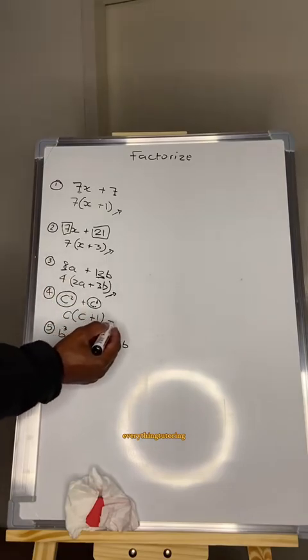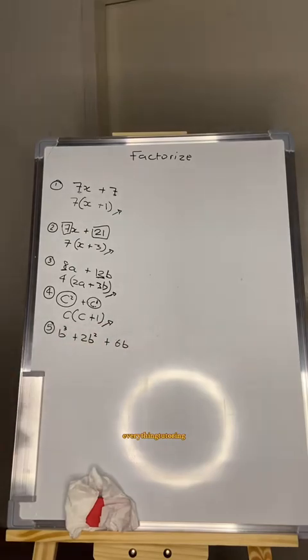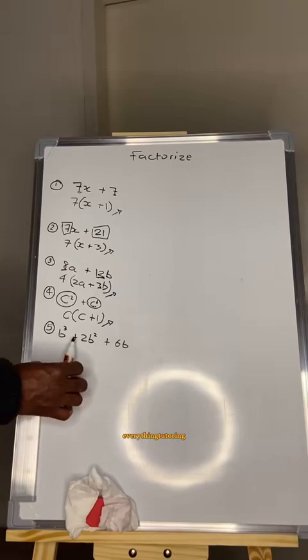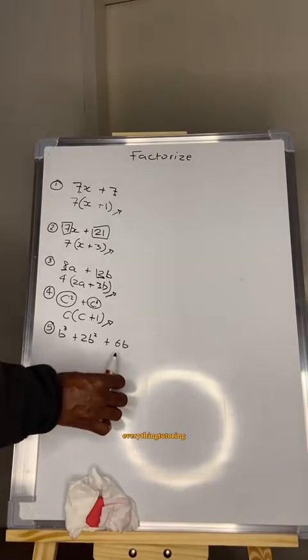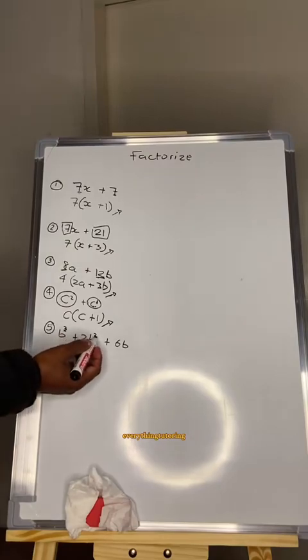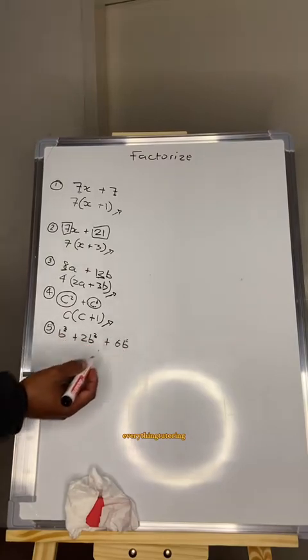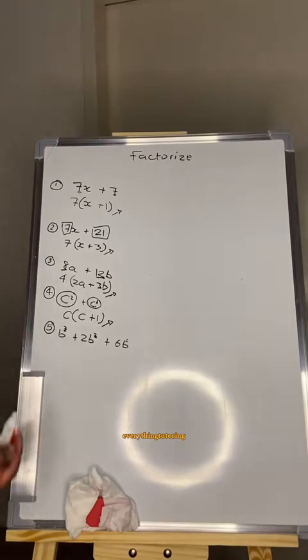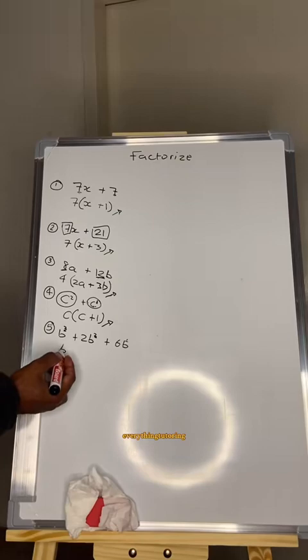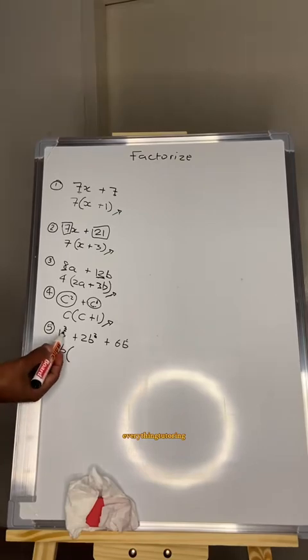Okay, right. Another one, guys, is when you again have multiple variables as the common factor, but they have got powers: power 3, power 2, power 1. You take out as a common factor the variable with the lowest exponent, which is b to the power 1. Now you had 3 b's, b times b times b.